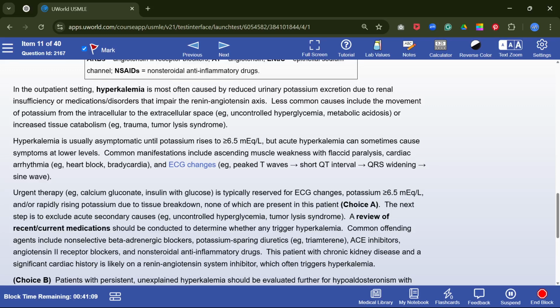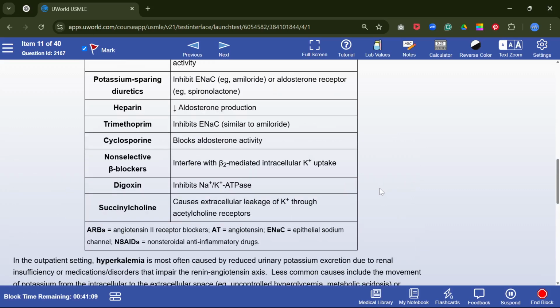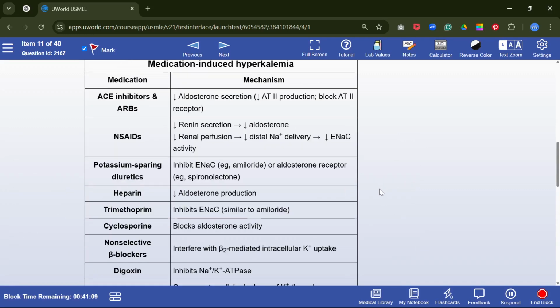Okay, in this box, everything is mechanism. ACE inhibitors and ARBs decrease aldosterone secretion, decrease angiotensin 2 production, block the angiotensin 2 receptor.